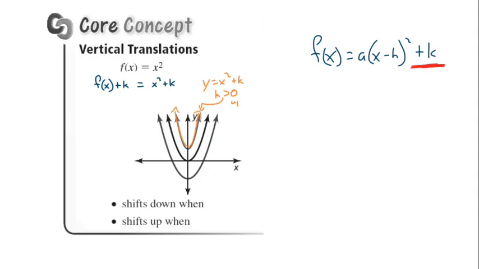If we have y equals x squared plus k, and k is less than 0, so the effect is you're actually subtracting something, that would be this one outside. We shifted it down.